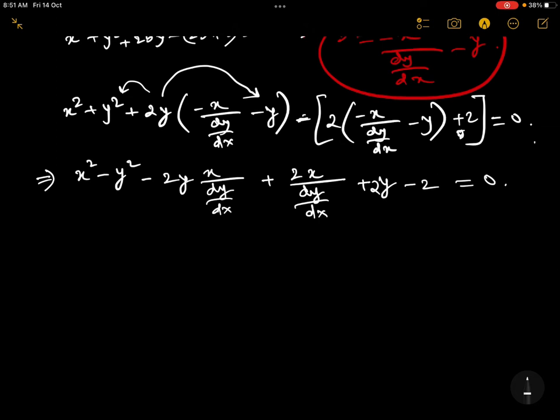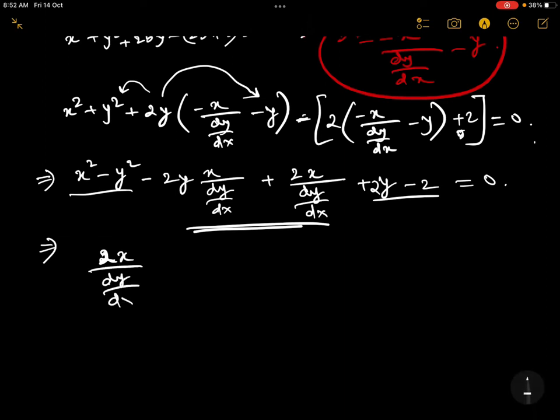And here let us transfer those expressions without dy by dx to the other side, and these two terms, let's combine. 2 is also common, and what else is common? x is also common, x dy by dx is common, and here just 1 will remain, 1 minus 2y, equals all these things get transferred, right?